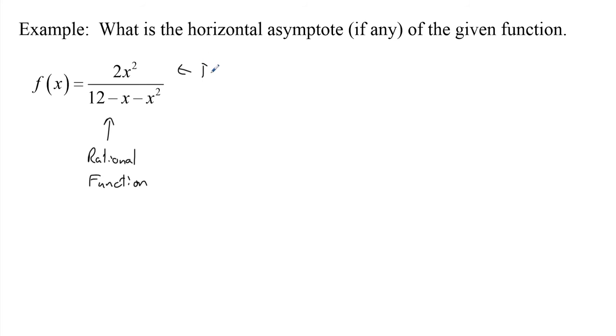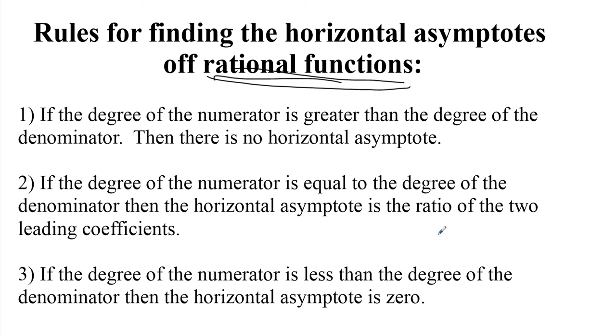Now the degree of this one is 2, and the degree of this polynomial is also 2, because the leading term is always the one with the highest degree, not the one that comes first or in front. So the degree of the numerator and the degree of the denominator are both 2. So this second rule applies.